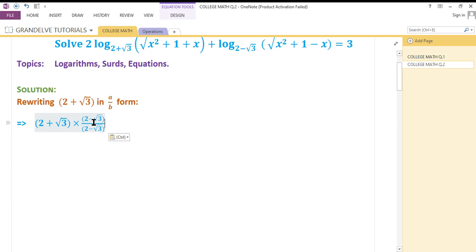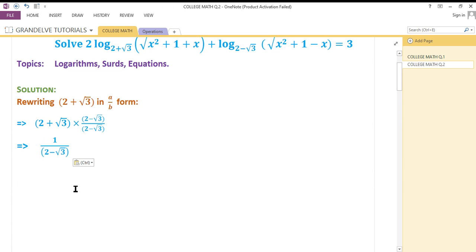Multiplying and dividing by the conjugate of 2 plus square root of 3 will help us to arrive at this, which is in the form of a over b as we intended. That's 1 over 2 minus square root of 3.